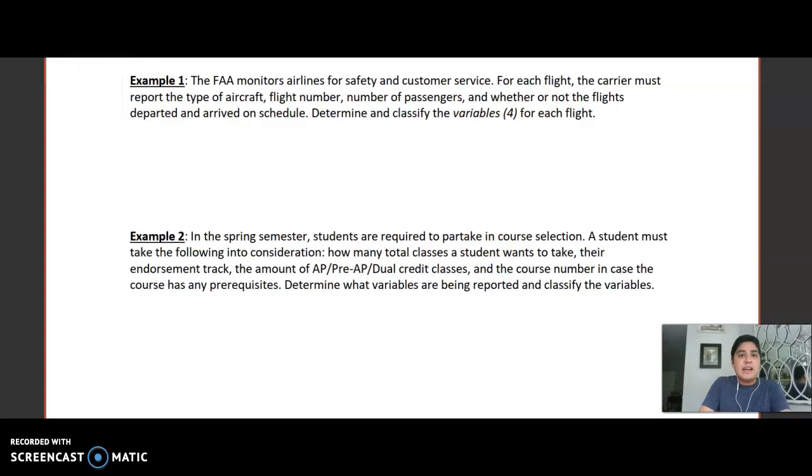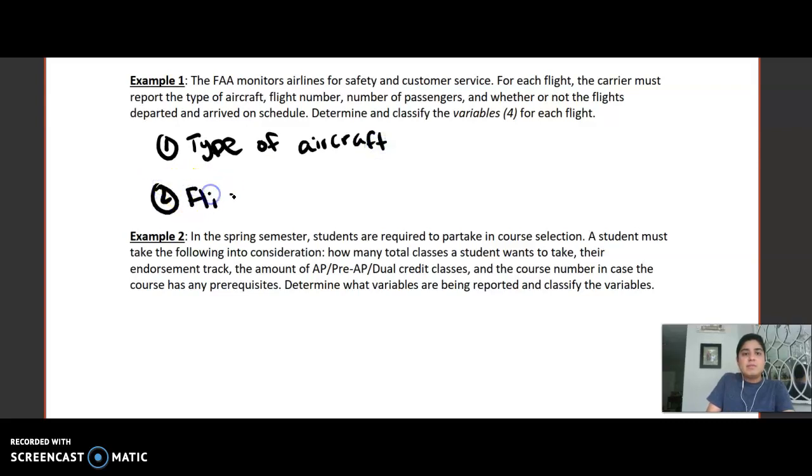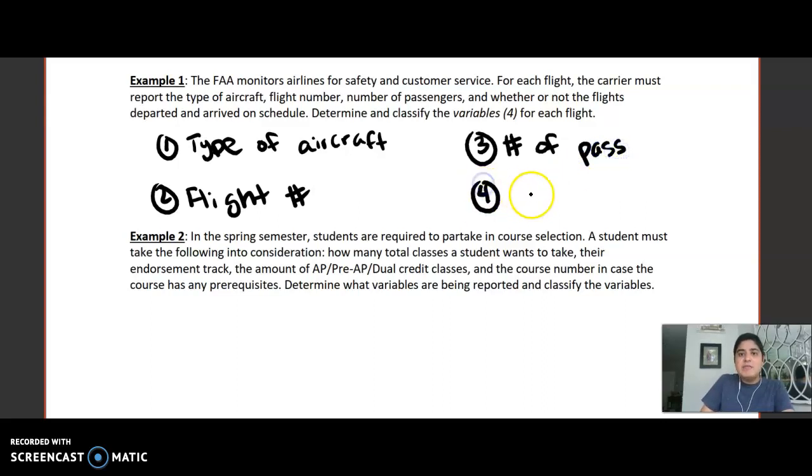The first one I noticed was type of aircraft. Then we saw flight number. Then we saw the number of passengers, and I'm going to just leave it as pass. And then we saw the timeliness.